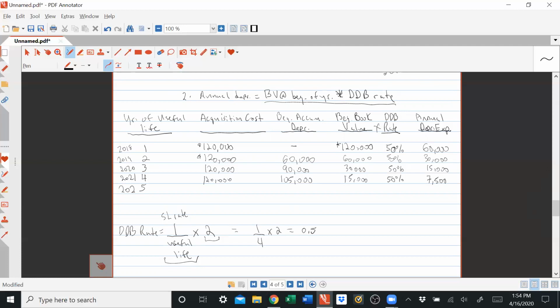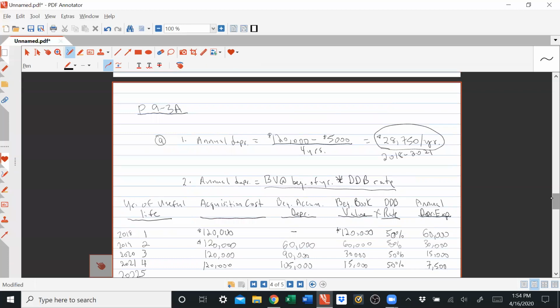So under the DDB method, we would also recognize depreciation expense in 2022. Under the straight line method, we would only recognize it up through 2021, because at the end of 2021, the book value of the asset would be equal to the salvage value, $5,000, by construction, by the way we've constructed it.